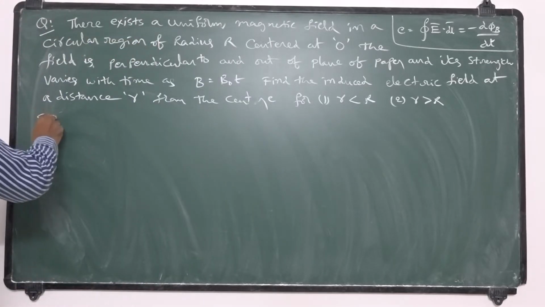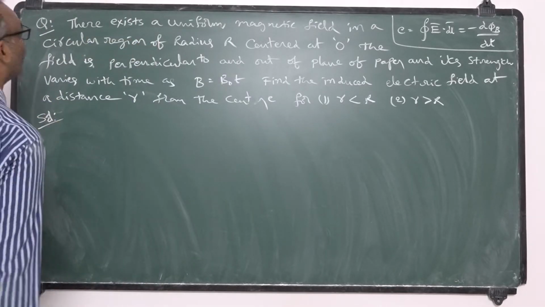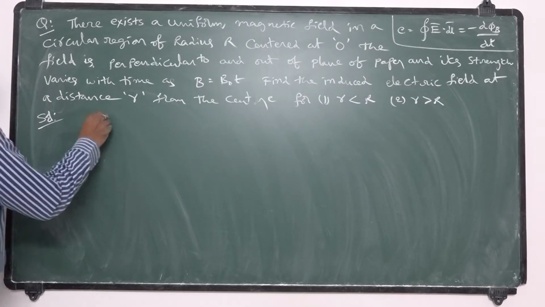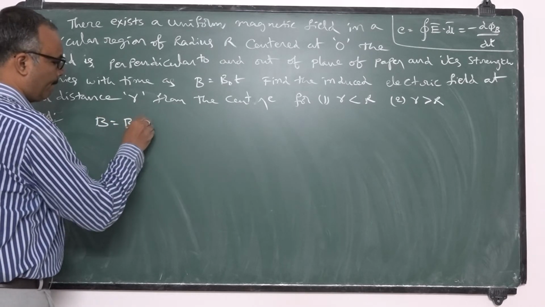Solution is simple. Once you read the question clearly, there exists a uniform magnetic field in a circular region of radius R centered at O. The field is perpendicular and out of the plane of the paper, and its strength varies according to the relation B is equal to B naught t.